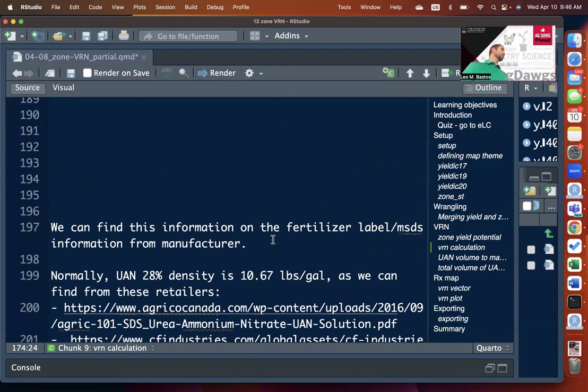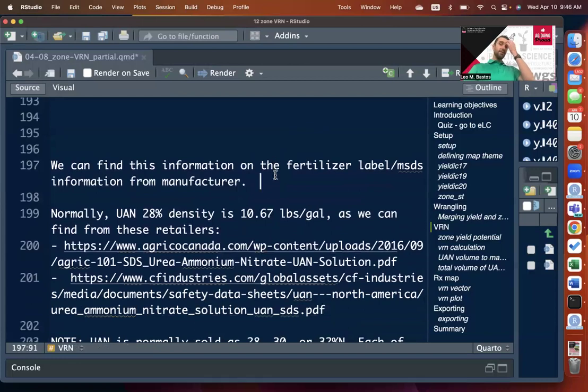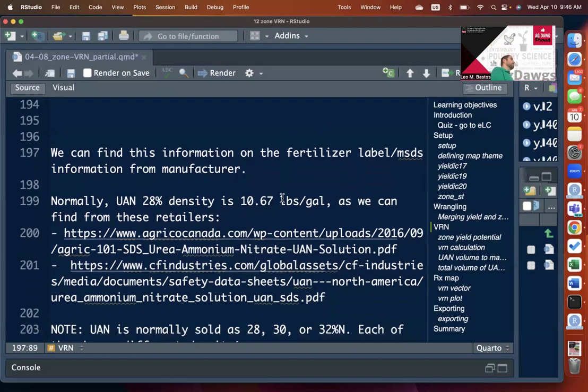The density is what's going to help us with that. If you're working with any liquid fertilizer, or really any liquid agricultural product, and you're trying to go from pounds of a nutrient or an active ingredient to gallons of a product per acre, we need the density.